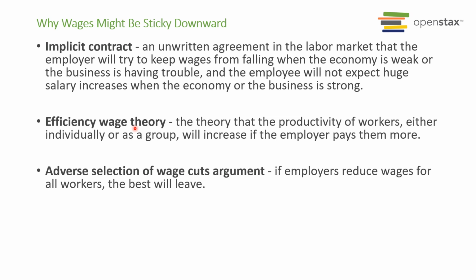I think this was also used by Henry Ford in the Model T factories, where he said, if the equilibrium wage is, let's say, $10 an hour, I'm going to pay my employees $20 an hour. So I'm going to pay them double what the equilibrium wage should be. The idea there is that managers can't monitor their employees 100% of the time.